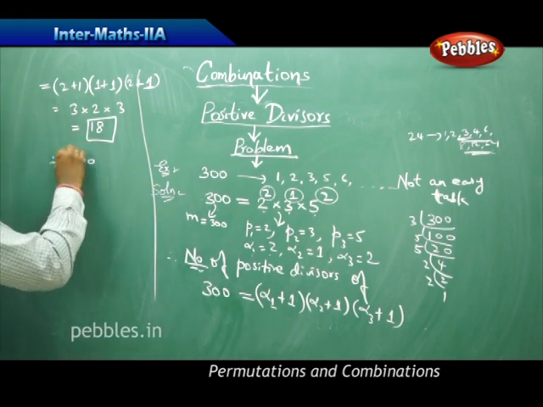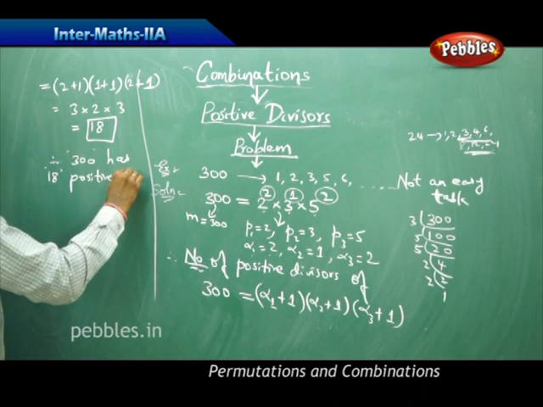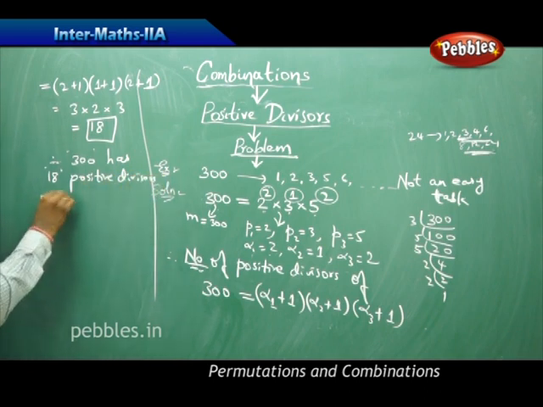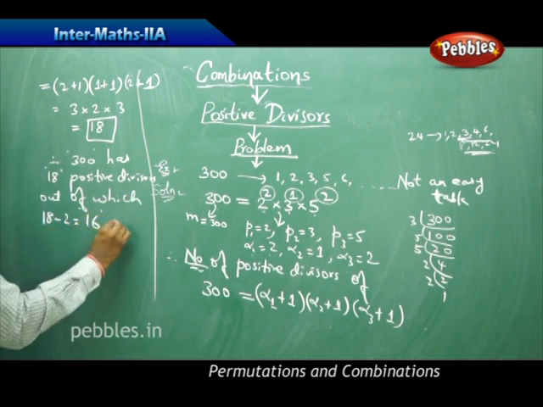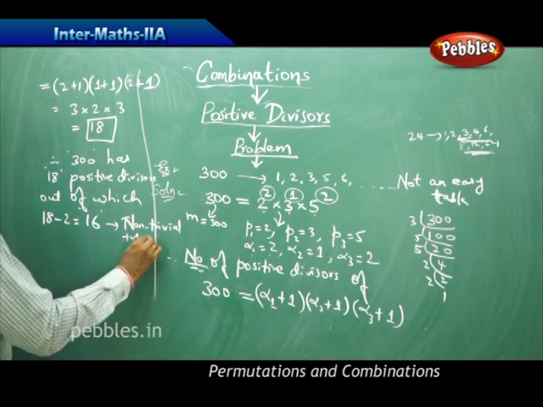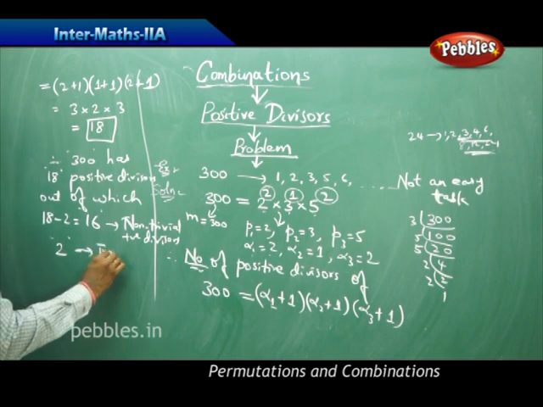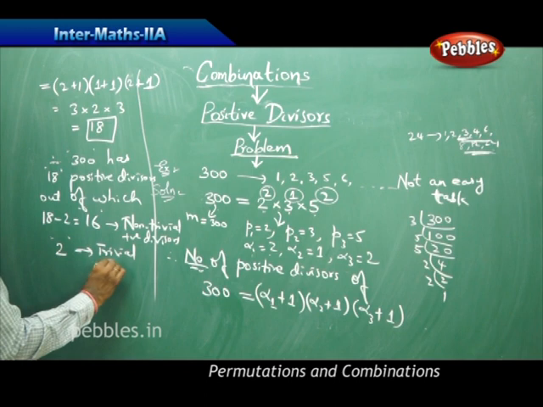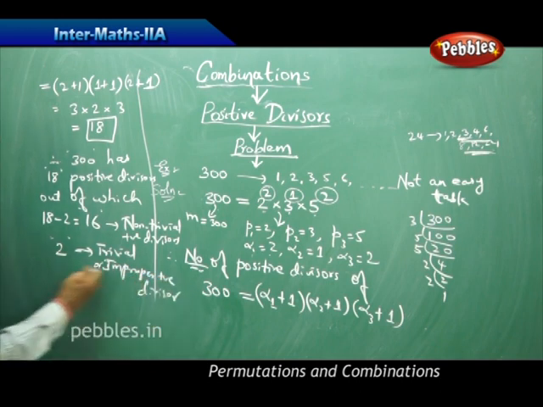Therefore, 300 has 18 positive divisors, out of which 18 minus 2, which is 16, are non-trivial divisors, and 2 are trivial or improper positive divisors, in this case 1 and 300.